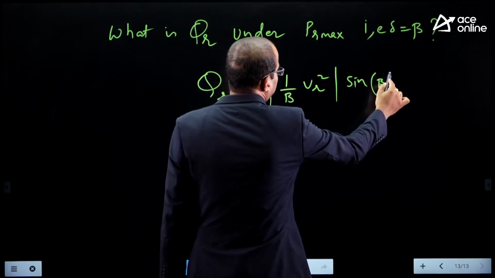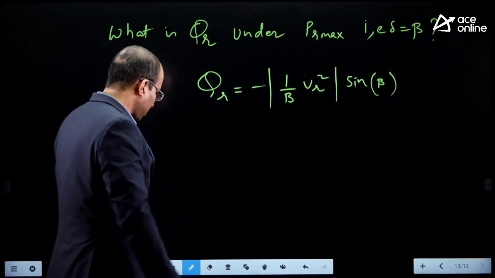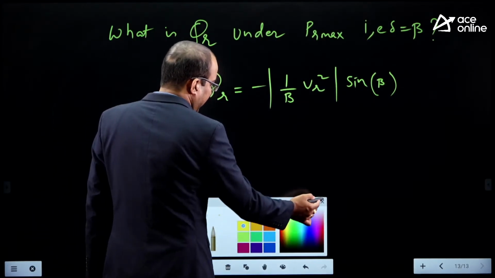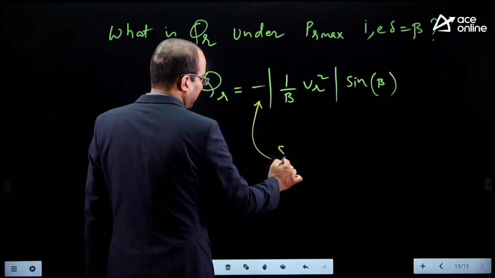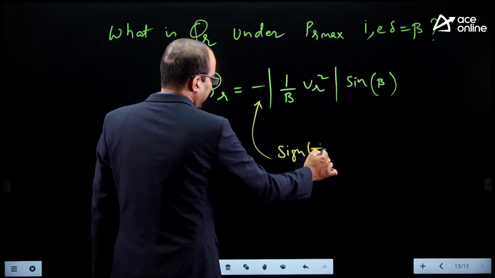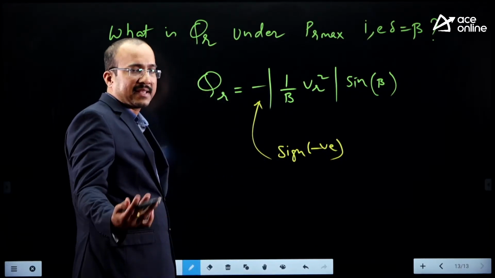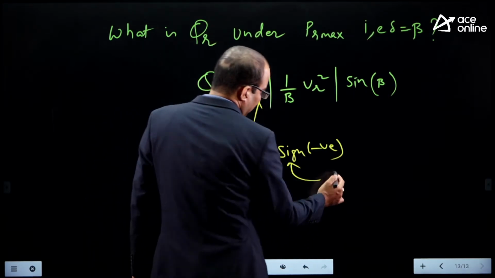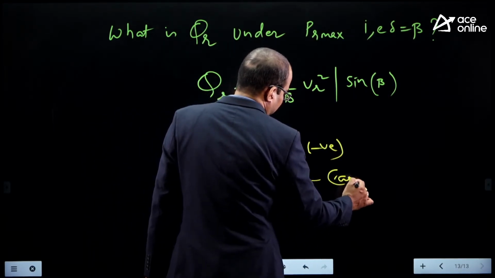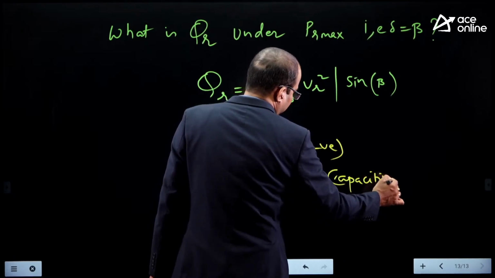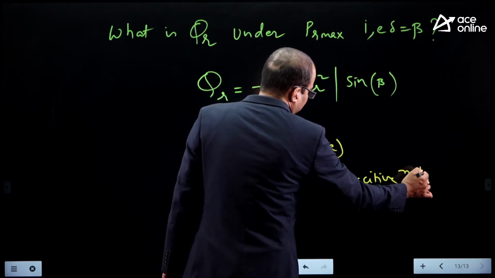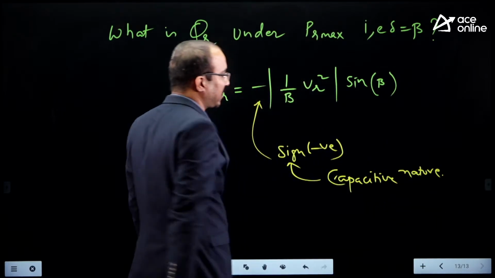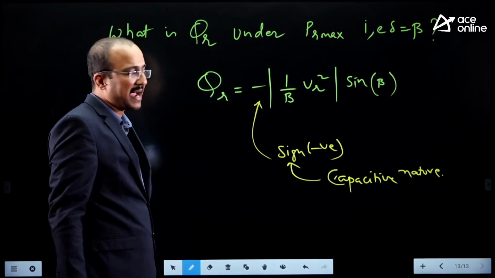Here also the sign is negative. So in order to get the maximum real power transfer condition, the load must be of capacitive nature. That means it should inject the reactive power, it should supply the reactive power.